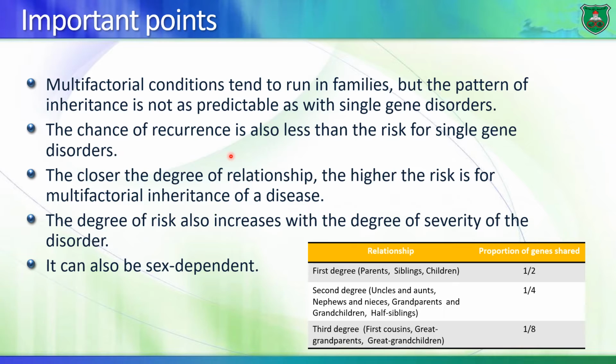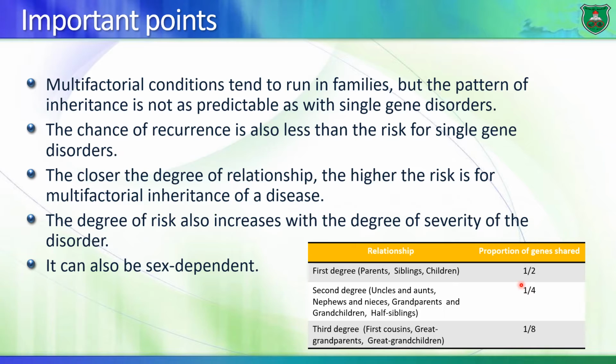That makes sense, right? The closer the degree of relationship, the higher the risk is for multifactorial inheritance of a disease. The reason behind that is that the closer the relationship is, the more genes are shared among individuals. Parents, siblings, and children share half of their genomes.